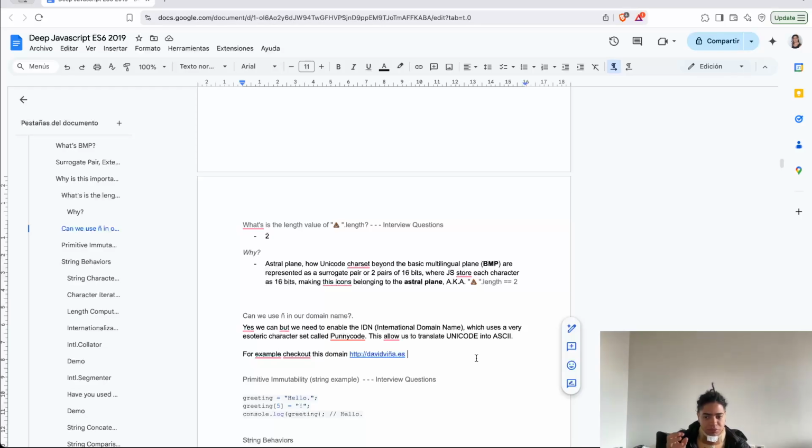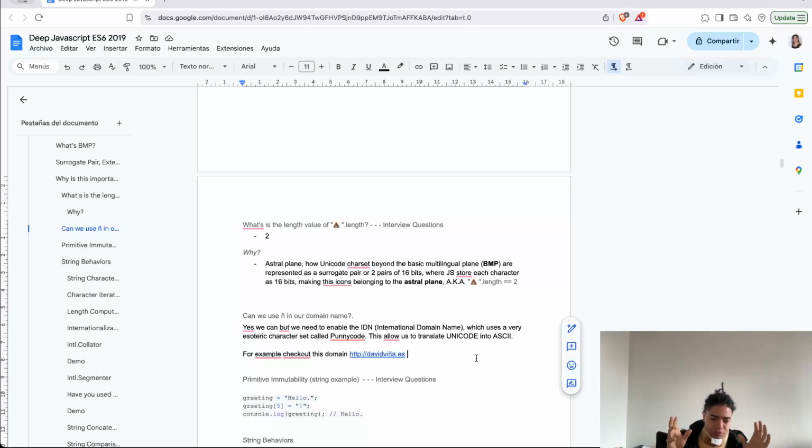Right now we're using UTF-16 in JavaScript, which is a 16-bit way to describe all of these possible characters.